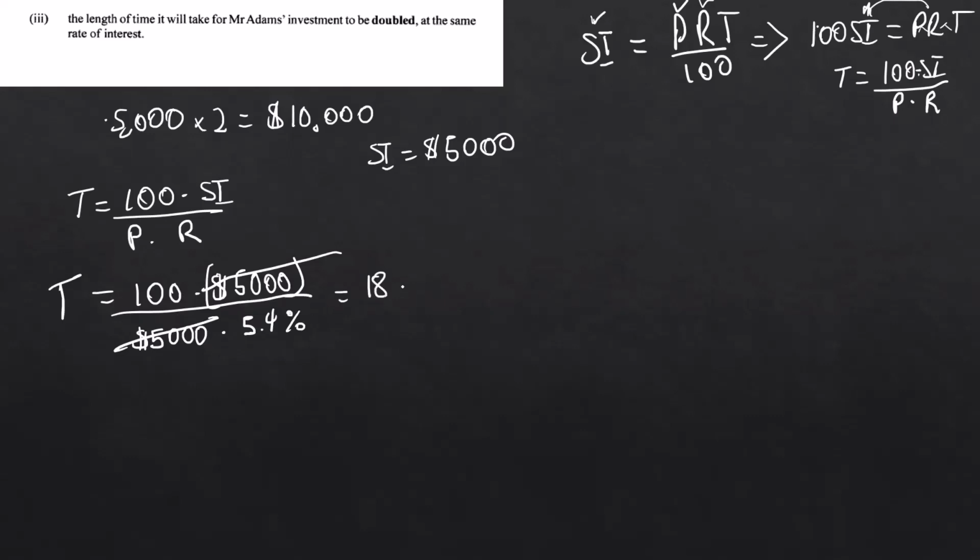So 18.5 what? Dog, cat, what? So years? Years, because it's time, right? Always remember the units. These things won't tell you anything about the units. Just remember what you're dealing with. If it's time, years. If it's R, it's percentage. If it's principal or the SI, it's dollars, right? Always remember that.